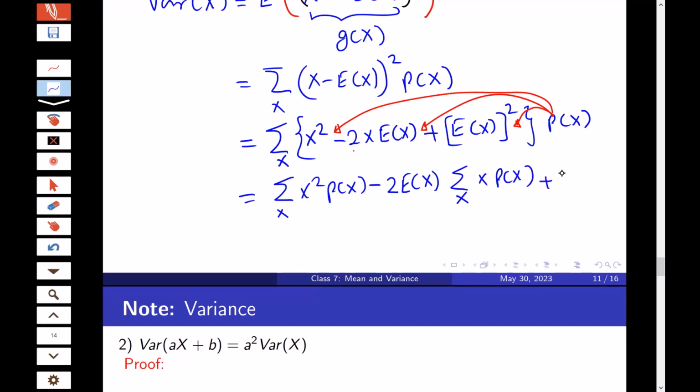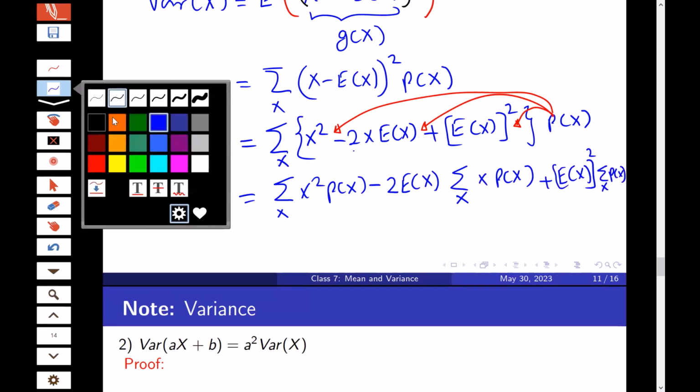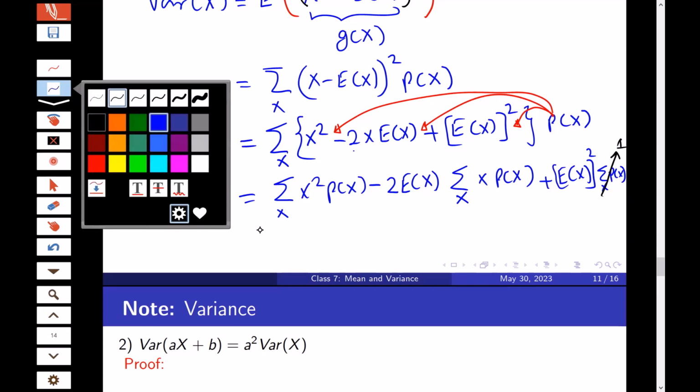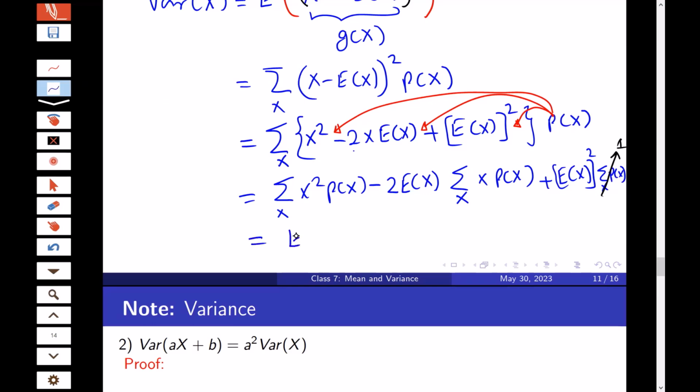And the last term, E of x squared, times the sum over x of p of x. This sum will be 1, because if you take the summation over all the probabilities you get 1, since p of x is a probability mass function. And from the definition, we can write the first term as E of x squared.